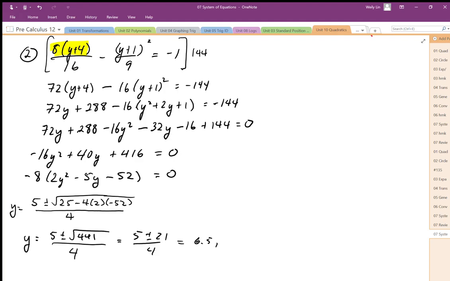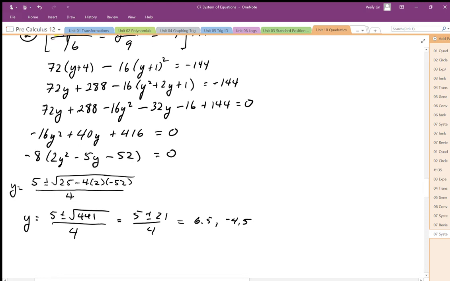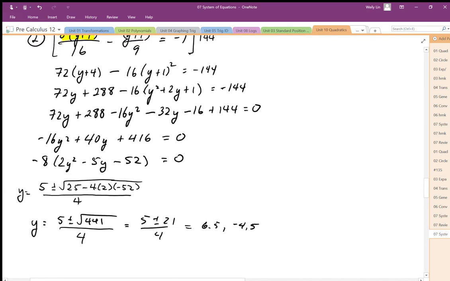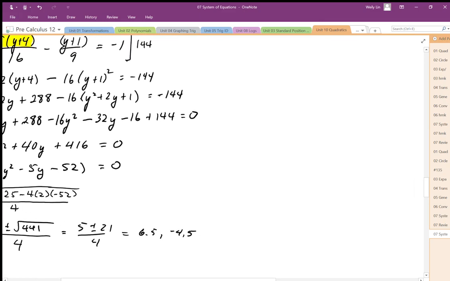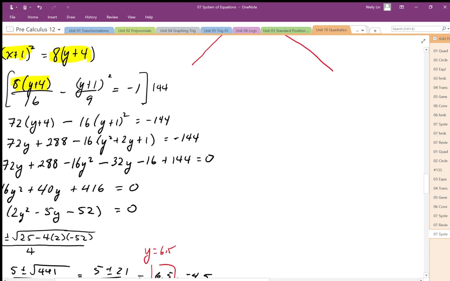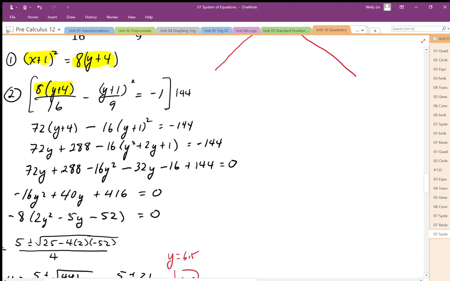Okay, so those are my y coordinates here: 6.5 and negative 4.5. I think I did that correctly. Then solving for my x, I'll do this in a different color. I'm going to solve for x by plugging it back into equation 1.